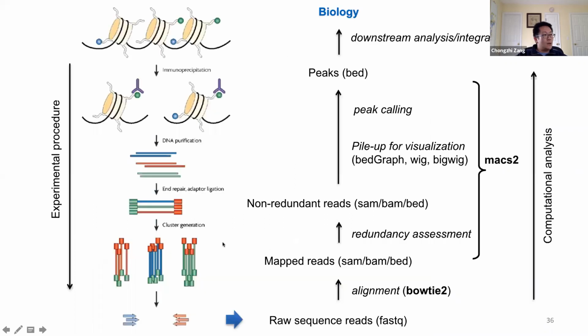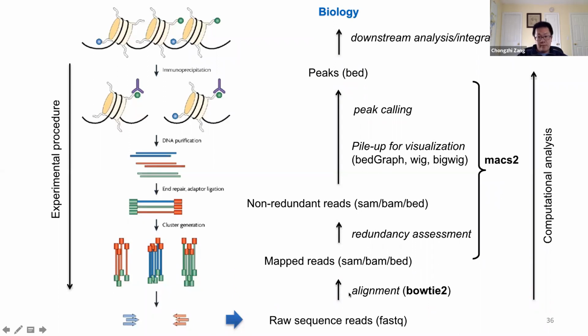So I think we'll just end here for now. Sorry, I have already gone over the time. I'll just revisit and summarize this entire strategy of the data analysis for ChIP-seq data. This represents a reverse procedure, tracing back each step from the actual experiment.